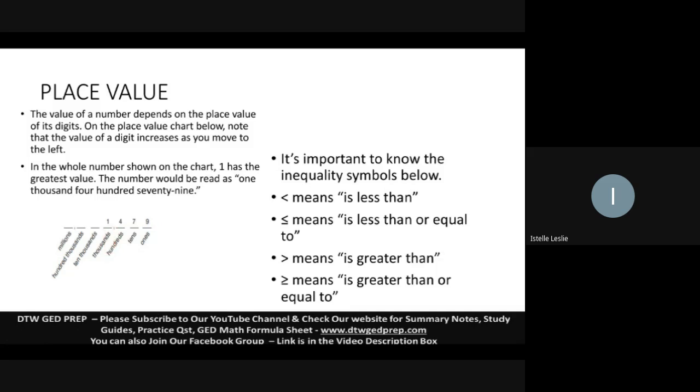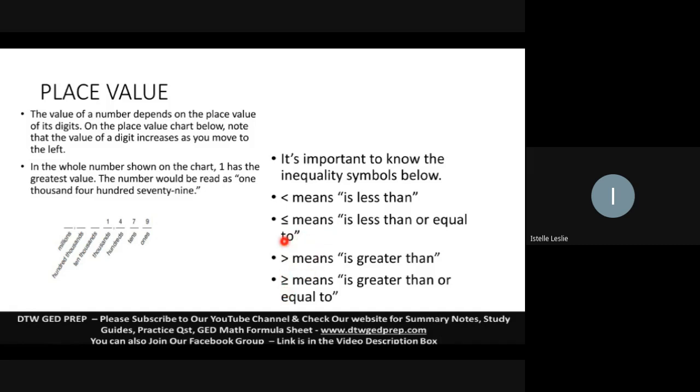We also need to remember this for subsequent classes, the inequality symbols. This means less than, while this with the bar below it means less than or equal to. This one means greater than, and this other one with the bar below it means greater than or equal to.